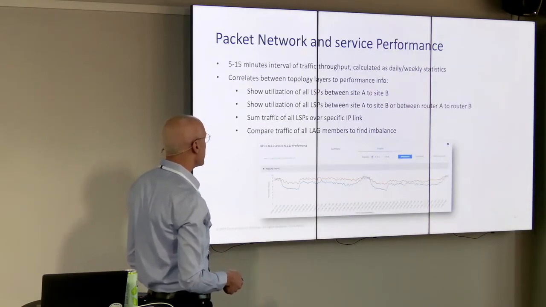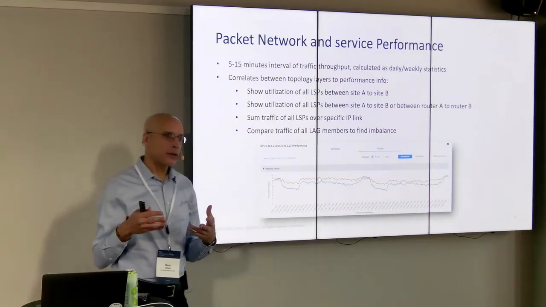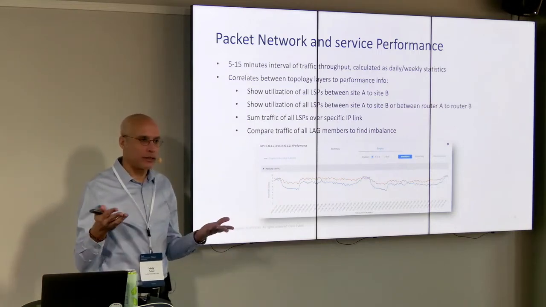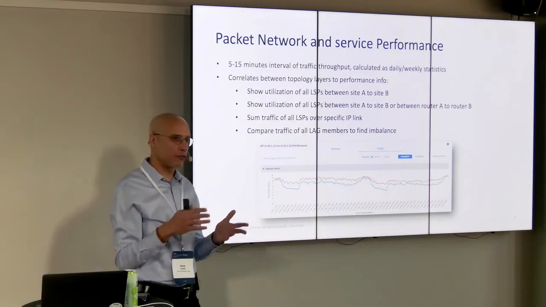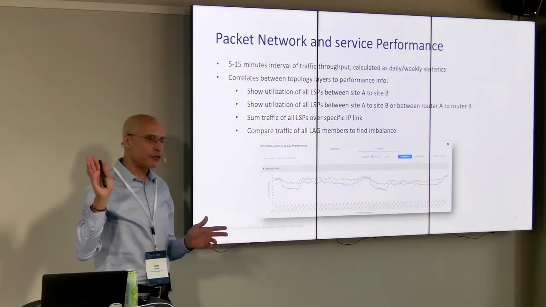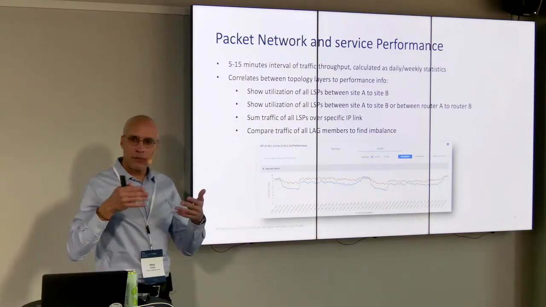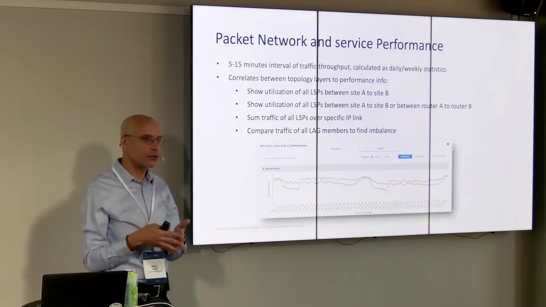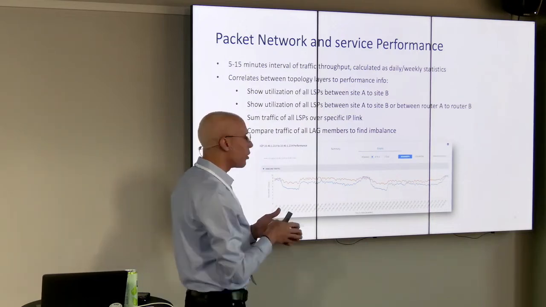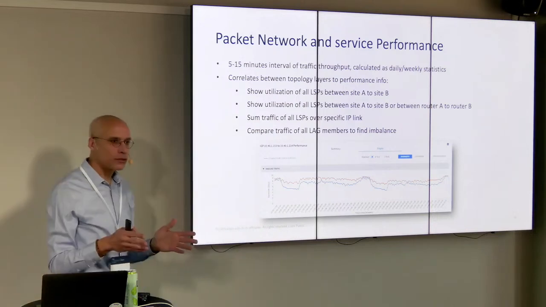And the performance application has an interesting combination of the performance information. HCO is not the expert in performance, of course. You have seen Expedia and you've seen other systems which collect information on the performance. What's unique in HCO is combining this information with the topology of the network and asking questions like, for example, show me the utilization of all LSPs between one site to another.